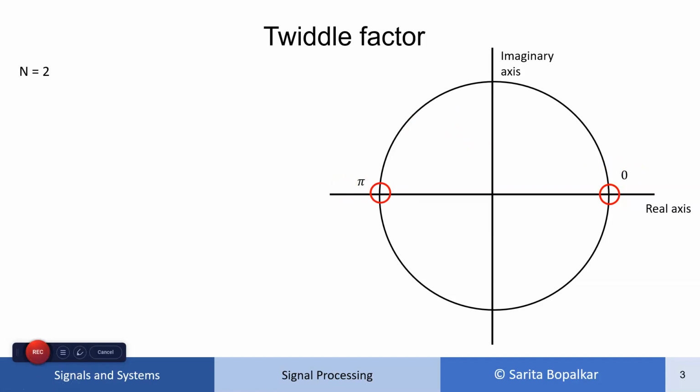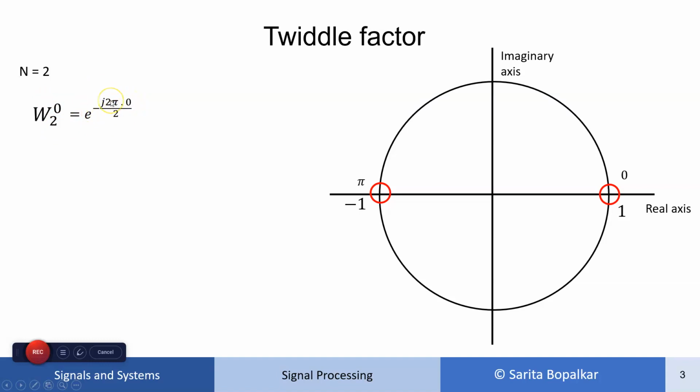What is the value of this? At 0, the value is 1 and at pi, the value is minus 1. How is it? Let's check. For the 2-point DFT, twiddle factor is W, capital N is 2 and this k is 0. Its value is e raised to minus j2 pi, this 2 will come in the denominator and 0 in the numerator.